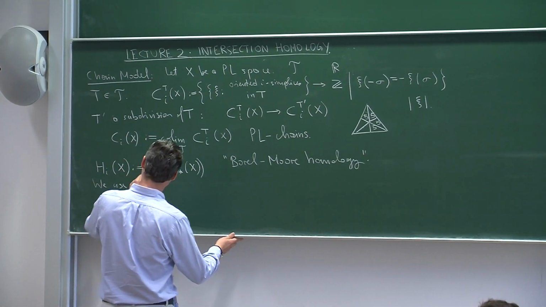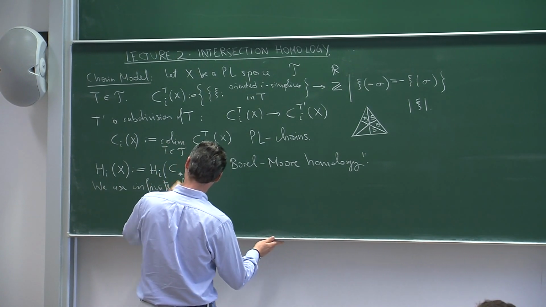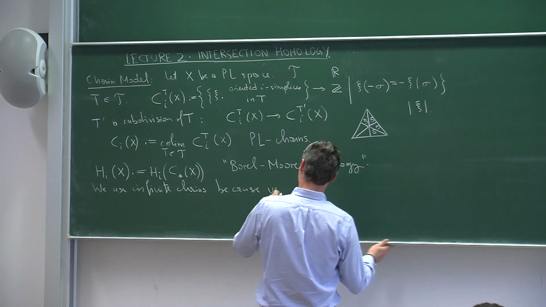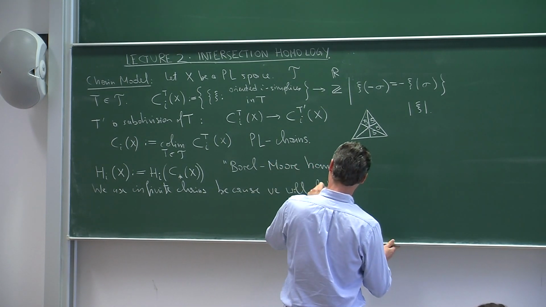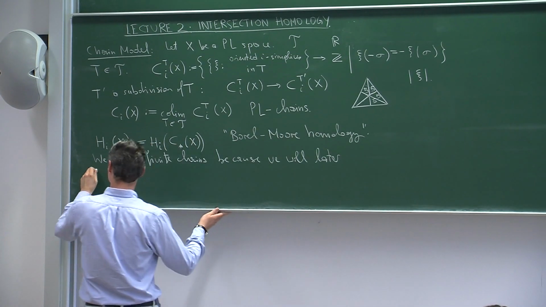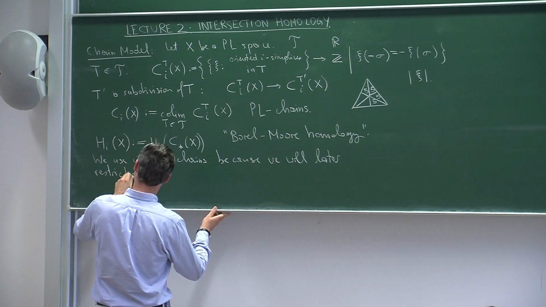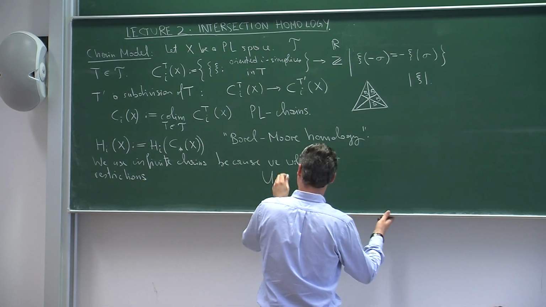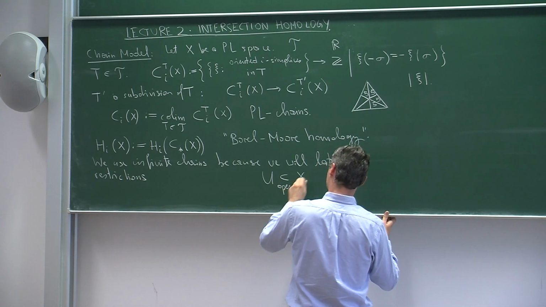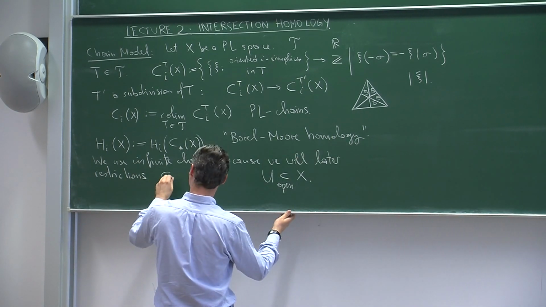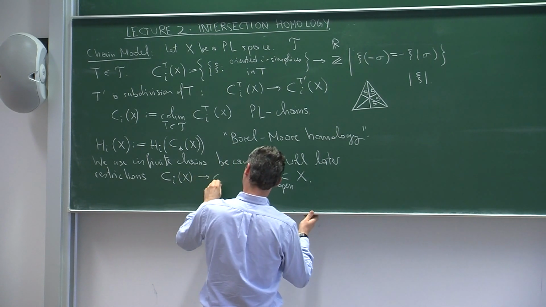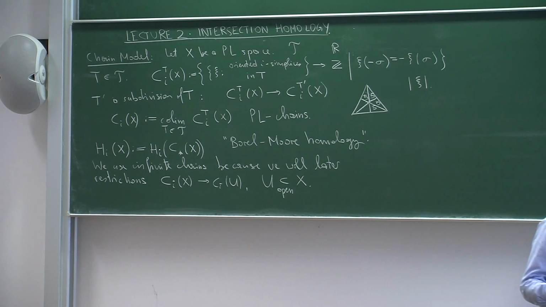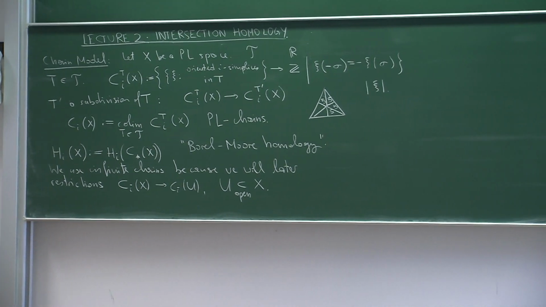We use infinite chains here because we will later need restrictions. As follows. If you have an open subset U in X, I would like to have a restriction map from C_i X to C_i U. Now, obviously, if you work with finite chains, there is no such map.